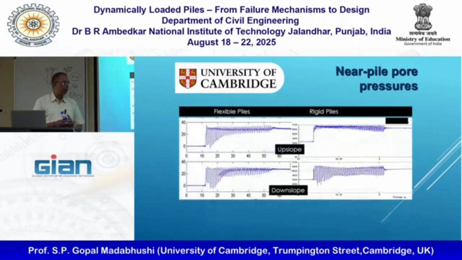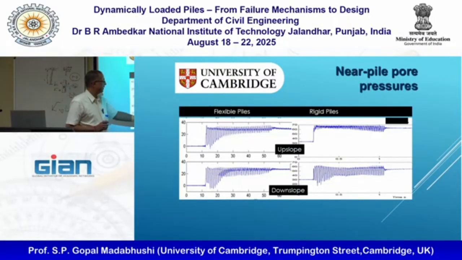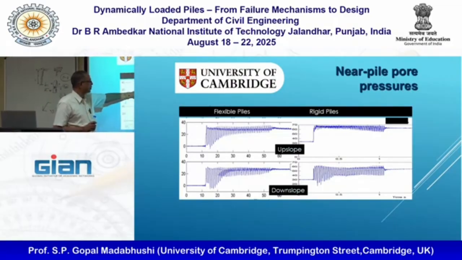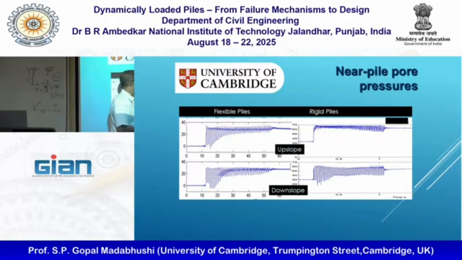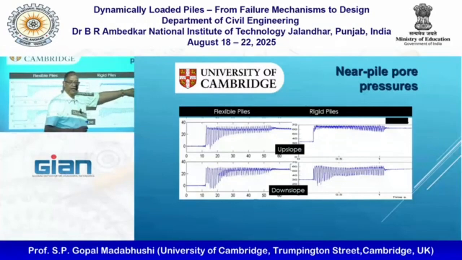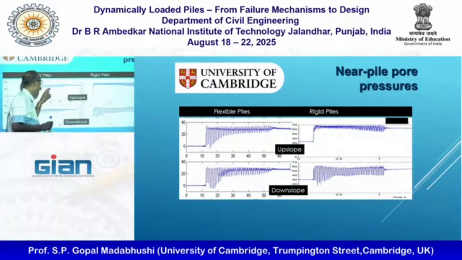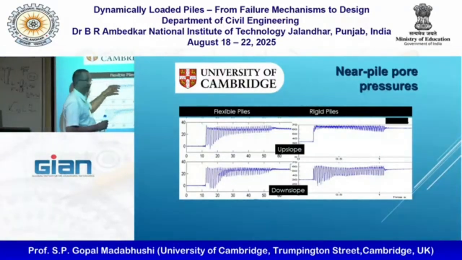So we also did tests with flexible piles, because we can change the blades, and also relatively rigid piles. Again, comparing upslope and downslope. So these are the upslope ones and these are the downslope ones, flexible and rigid. When my pile is rigid, I'm not getting as much oscillation in my pore water pressure upslope. When it's flexible, I'm getting a lot bigger cycles.